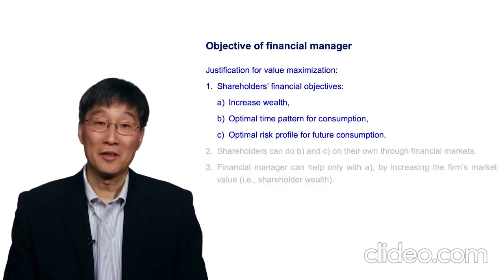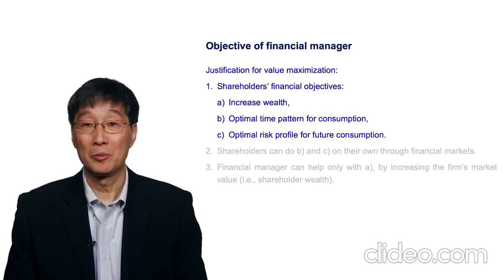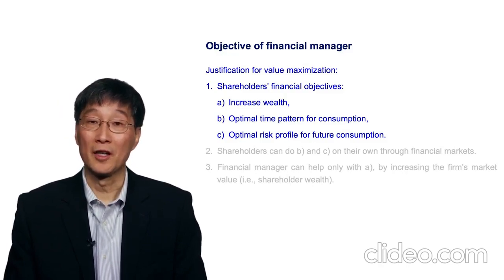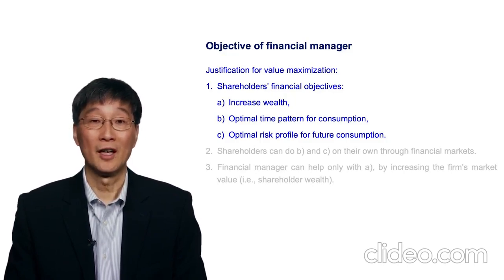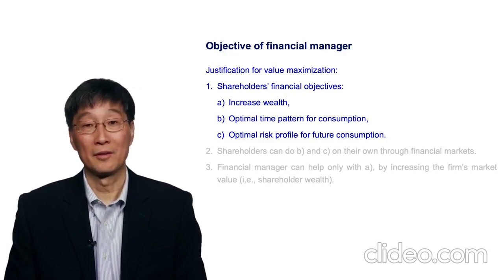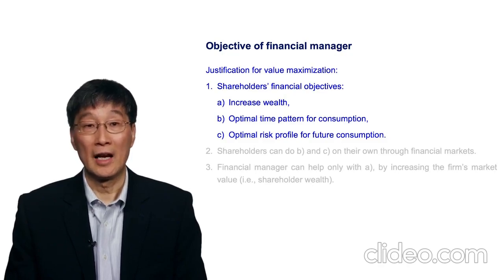Again, we start with the notion that a firm's manager should act to help achieving its shareholders' financial objectives. Broadly speaking, shareholders' financial objectives are two-fold, as we have discussed at the beginning of the course. First, to increase wealth, that is, to increase the amount of economic resources at the household's disposal.